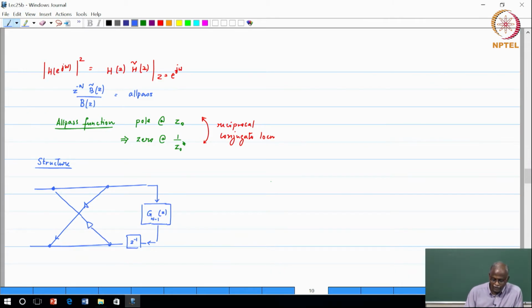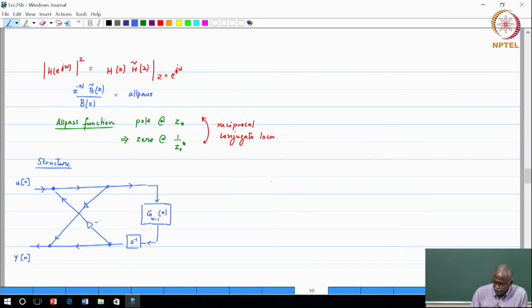Okay. So, 2 multipliers. Notice that this is a feedback type of structure. Let me draw the input line, let me call that u of n, the output line y of n. Make sure all the branches are labeled with arrows so that we have no confusion.